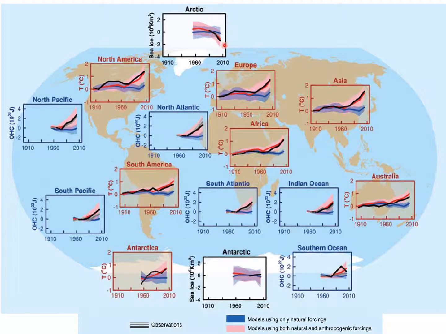And the red line follows it, so the anthropogenic forced models do reconstruct that, but the natural models do not. And in almost all regions, to explain the recent climate change, you need the anthropogenic emissions.